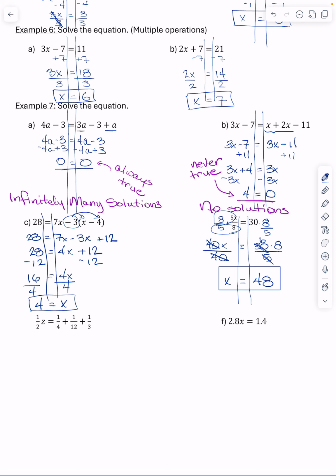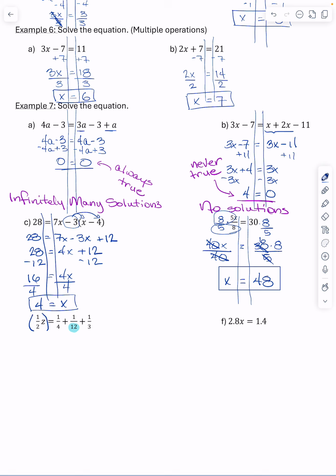Okay, and my least common denominator here is 12. Because I can make a denominator of 12 by multiplying 2 times 6, and a denominator of 4 I can make 12 by multiplying by 3, and that 3 I can make 12 by multiplying by 4.